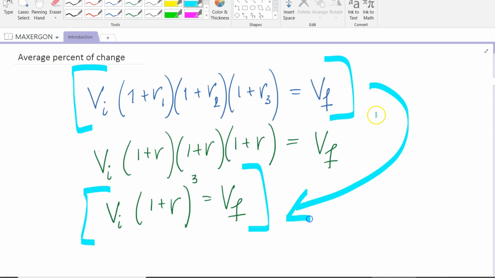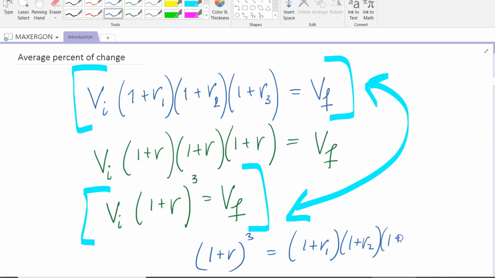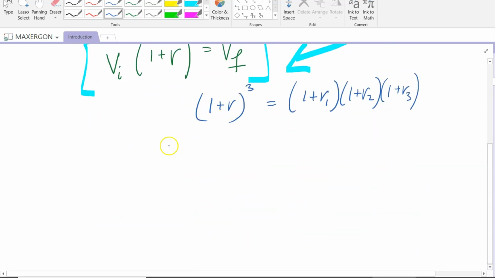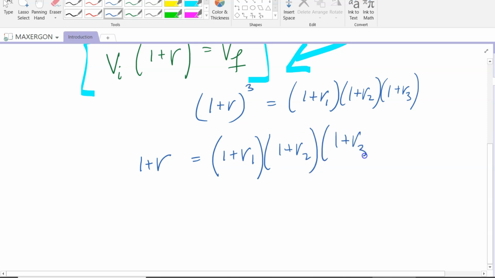So based on these two equations, I can write that (1 plus r) exponent 3 should be equal to (1 plus r1)(1 plus r2)(1 plus r3). From here, we can solve this in the following way: 1 plus r equals (1 plus r1)(1 plus r2)(1 plus r3), and I'll take exponent 1 over 3 here.